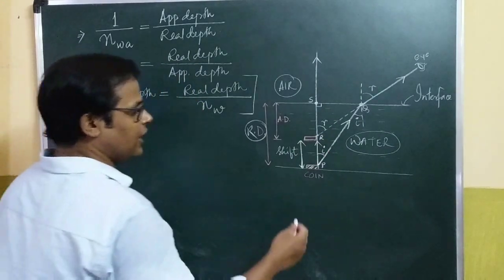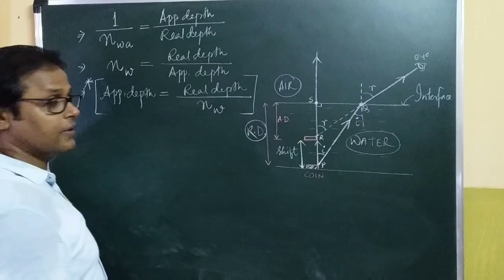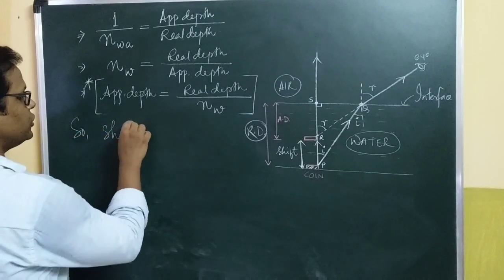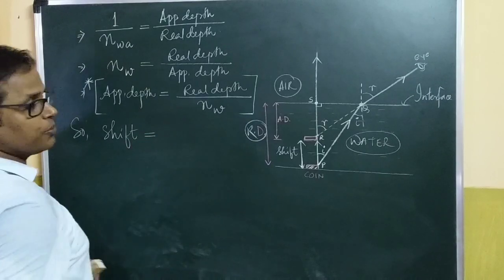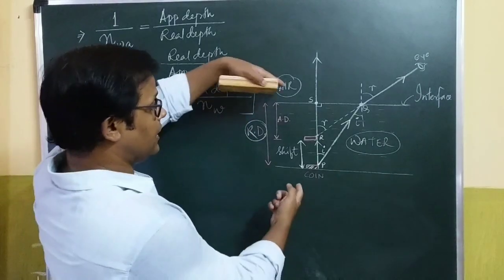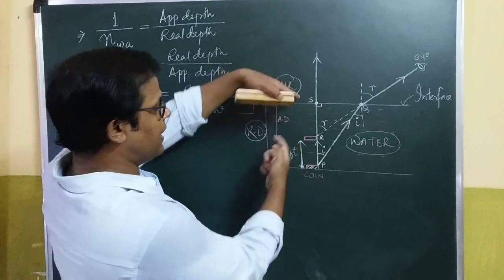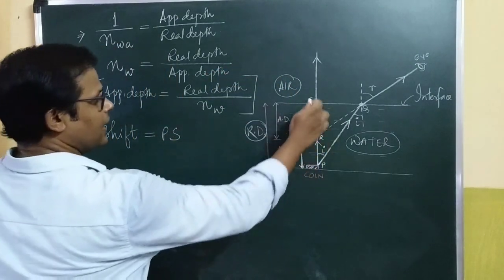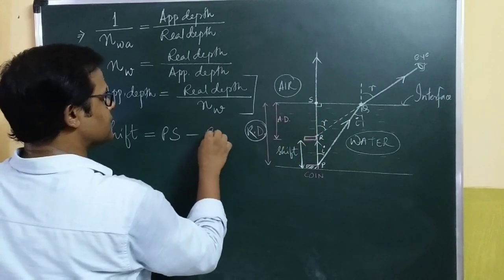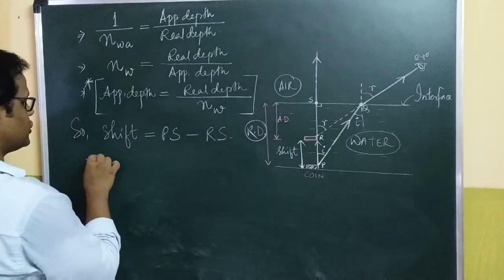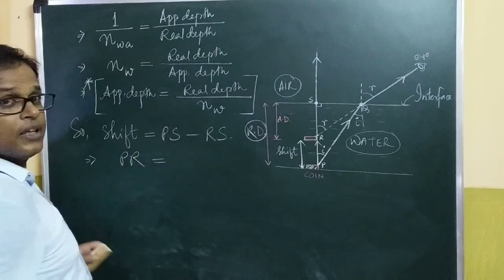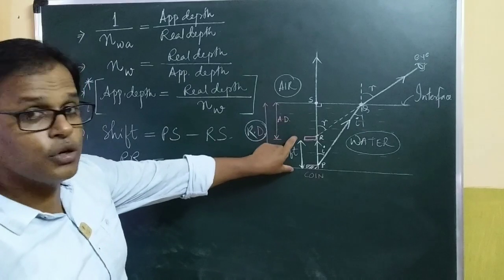If you really want to calculate the shift, it has to be equal to the real depth minus the apparent depth. It means it should be equal to PS minus RS. So the shift in the diagram is nothing but your PR.